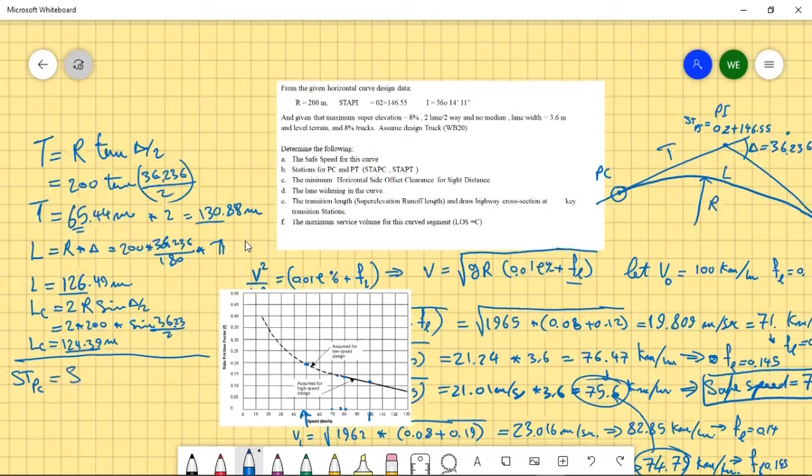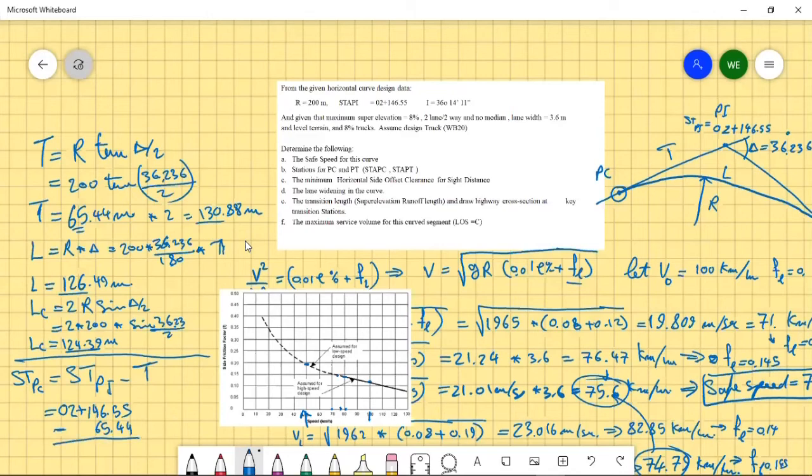Now, let's calculate the station for the point of curvature. It equals the station for the point of intersection minus one tangent. So here the station of the point of intersection is 0, 2 plus 146.55 minus, how much was T? 65.44.